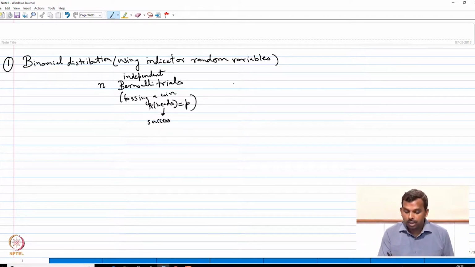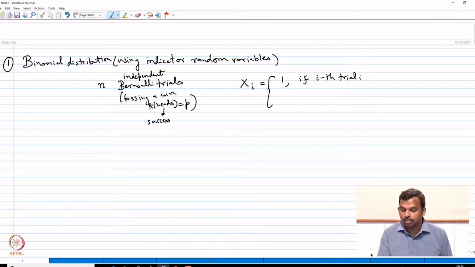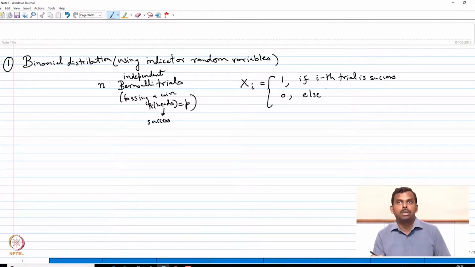Okay, so let's say Xi is 1 if the ith trial is a success and is 0 otherwise. What do I mean by this? I'm doing n coin tosses.